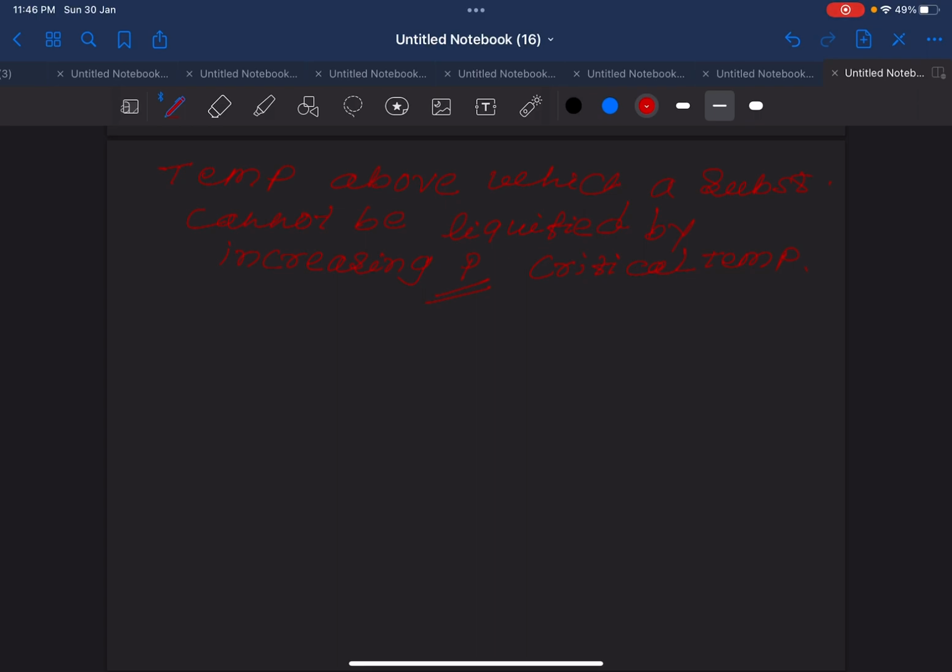The molar volume at critical temperature is called critical volume, VC, and the pressure at the critical temperature is called critical pressure of the gas.